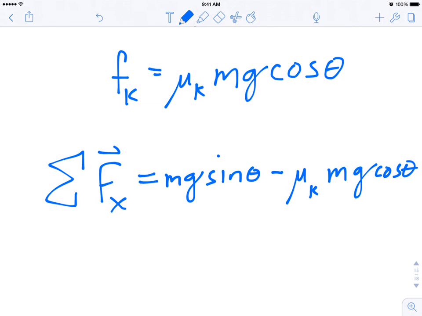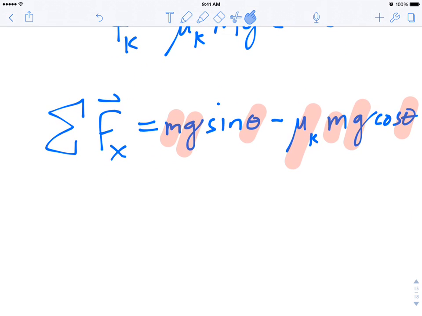Now, you can factor out m and g here if you would like, and there are some other algebra things you can do, but we do now know enough in this problem to solve for the sum of the forces on the x-axis. The problem gives us the mass, we know g, we're given an angle, we know the coefficient of friction, and we know m, g, and theta again, so we should be able to solve for the sum of the forces on the x-axis.